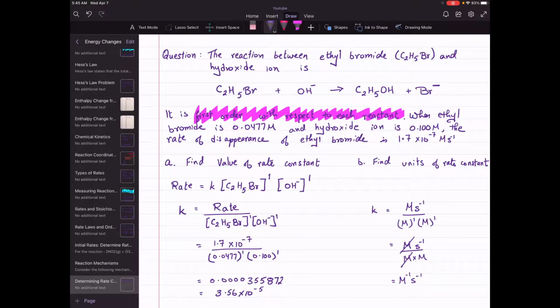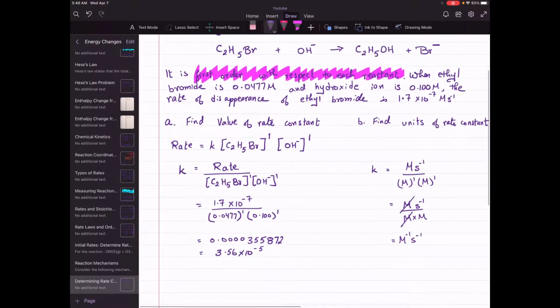So the units are per molar per second. So the final K value, if you had to write a final K value, K was equal to 3.56 times 10 to the power -5 per molar per second.